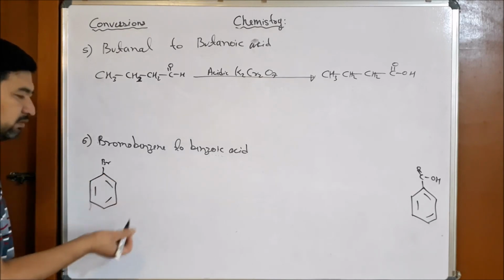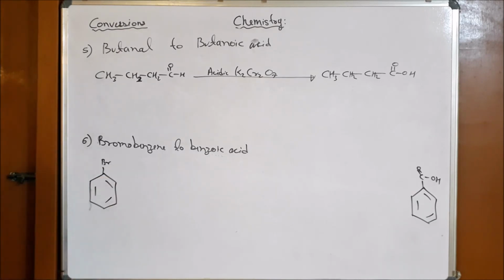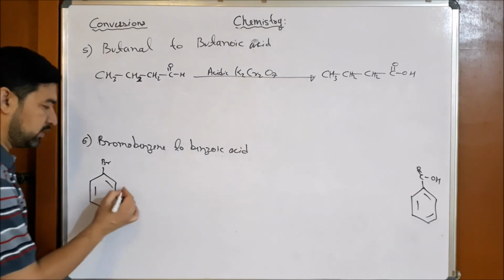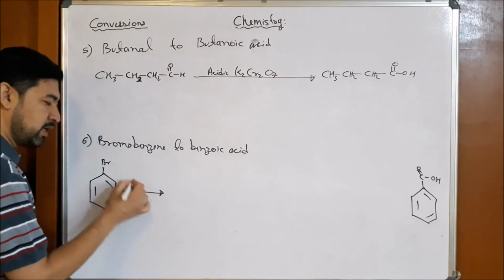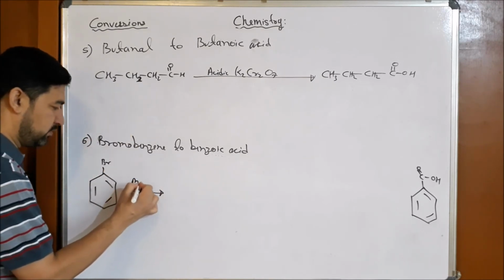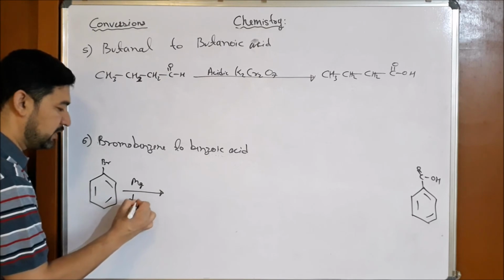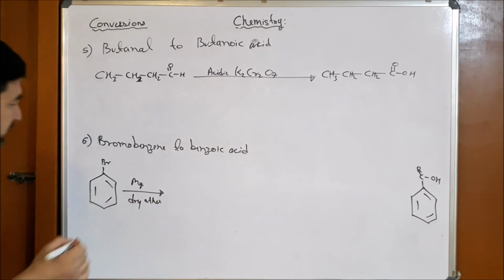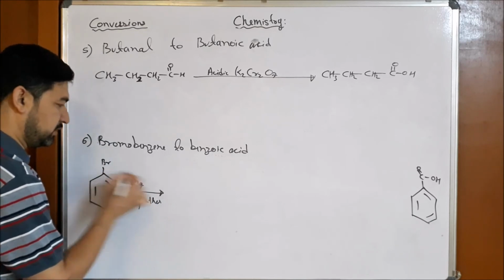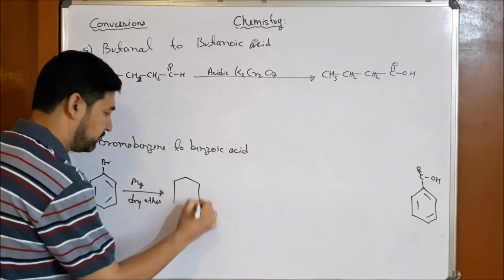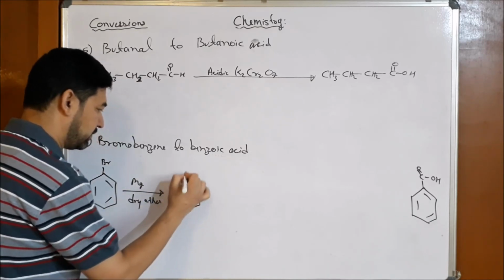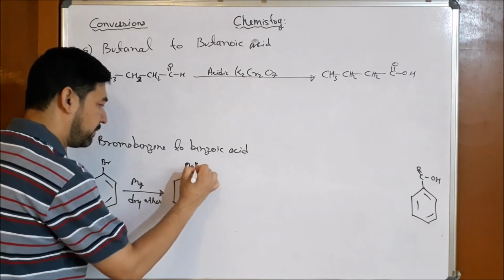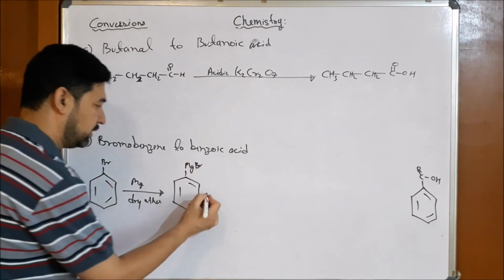We have already discussed that it is very difficult to break this bond. So the main way out is formation of a Grignard reagent. So we'll do it with Mg and dry ether. Mg gets inserted here, so it will be MgBr, right?